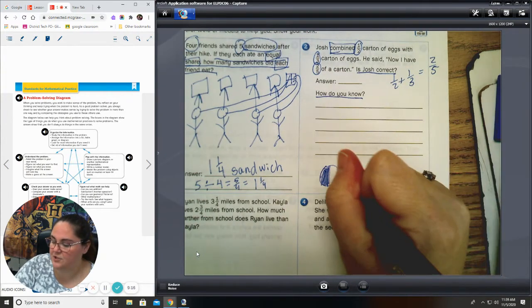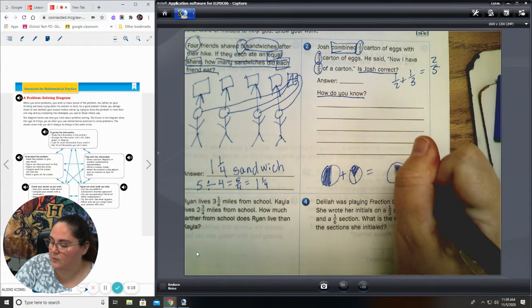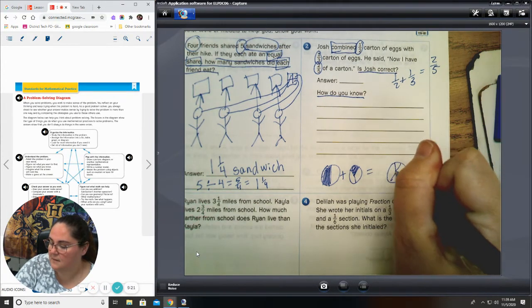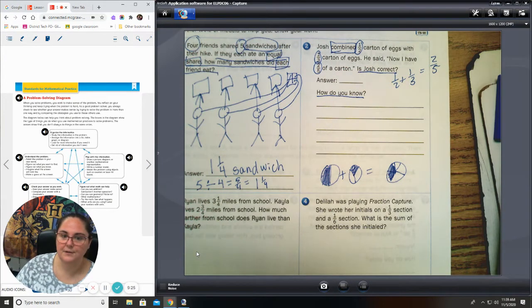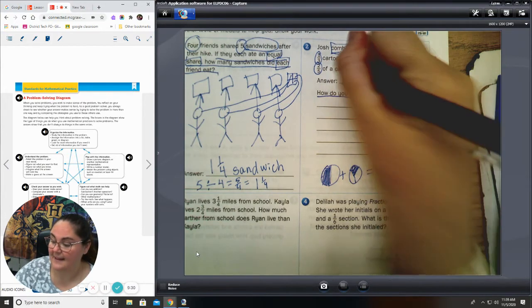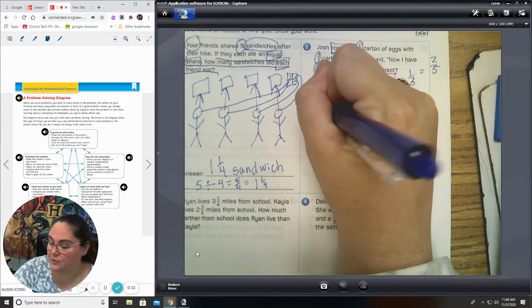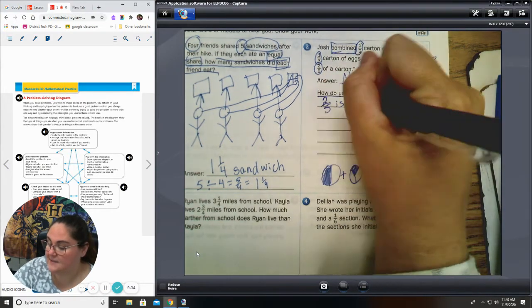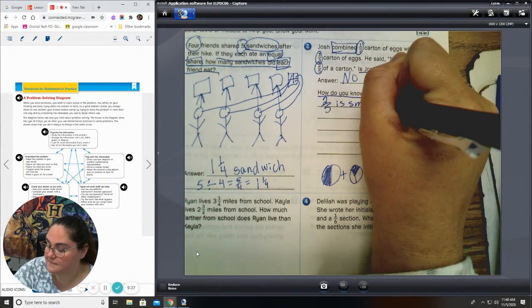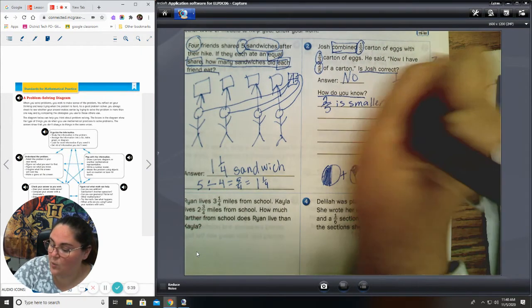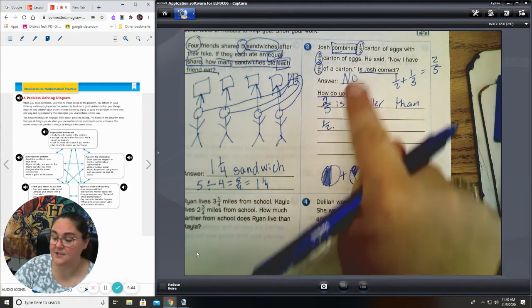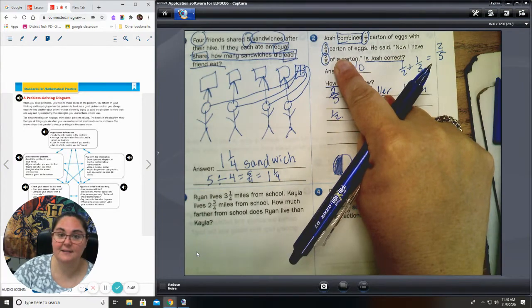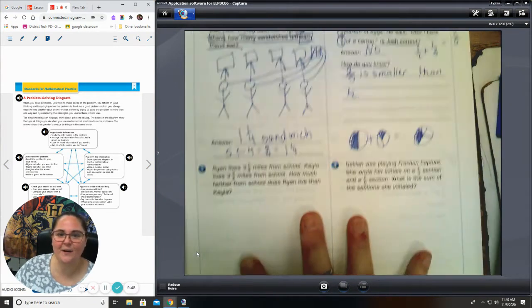And he said that those two together is going to equal 2/5. Uh-oh. So is he correct? No. How do I know? Because 2/5 is smaller than 1/2. That's how I know. Because he started with 1/2 and added to it, right? That's how I would do that question.